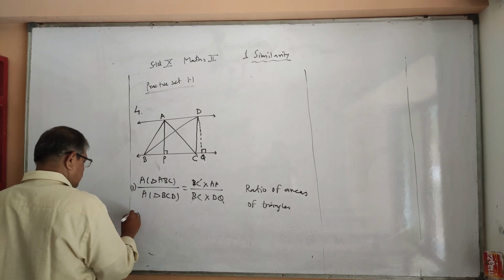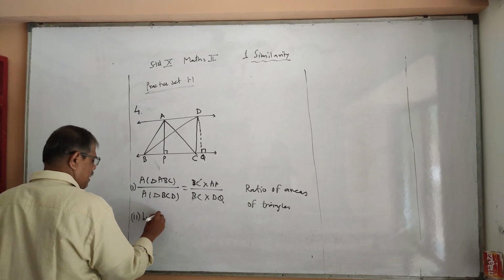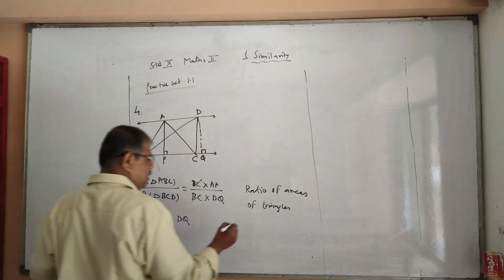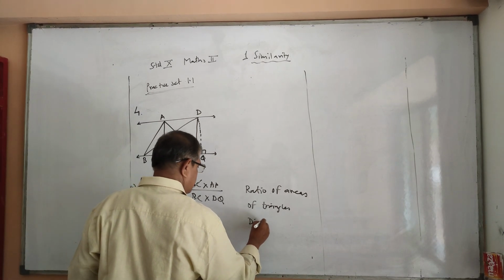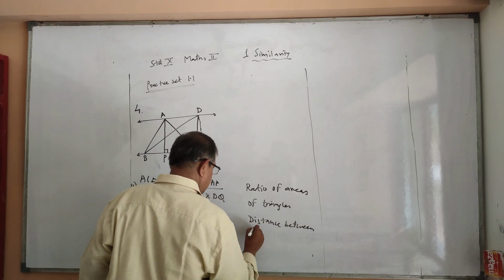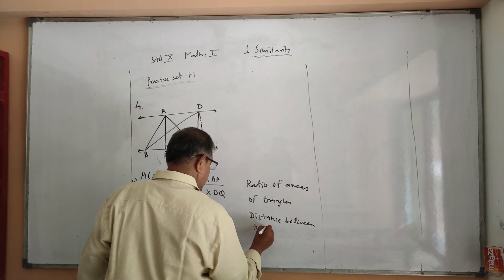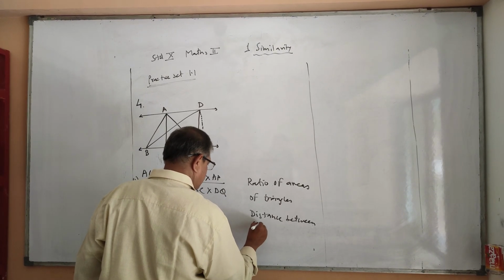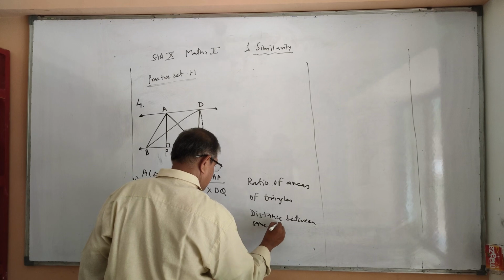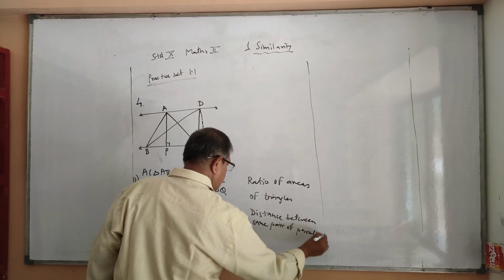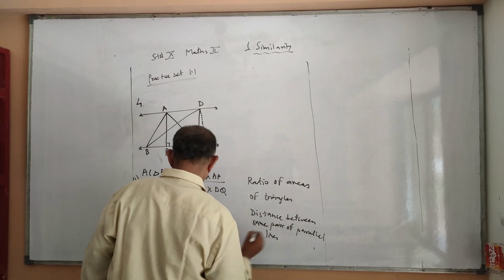Second point, but AP is equal to DQ. Reason: distance between the same pair of parallel lines.